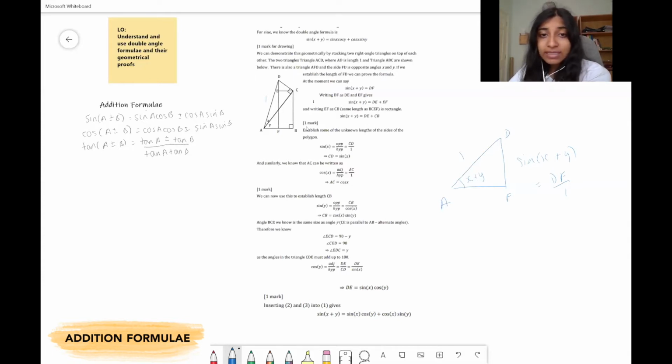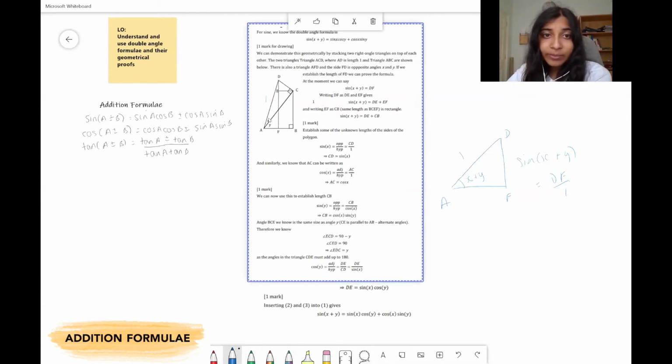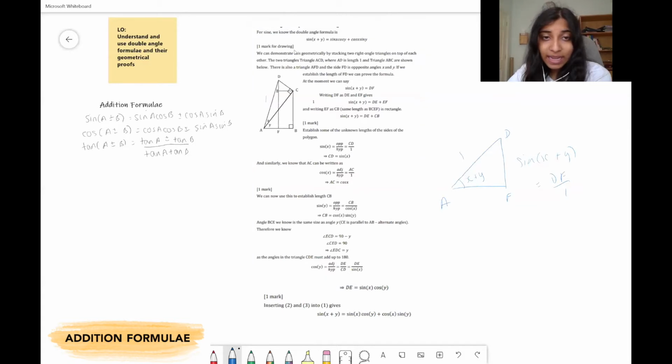Now we want to establish some of the unknown lengths of the polygon. If we work with what sine x would be, remember that's using the triangle ACD. Sine x is equal to the opposite over the hypotenuse. Your opposite length would be CD here, the length that's at a right angle to your adjacent, and your hypotenuse is AD, which is 1.